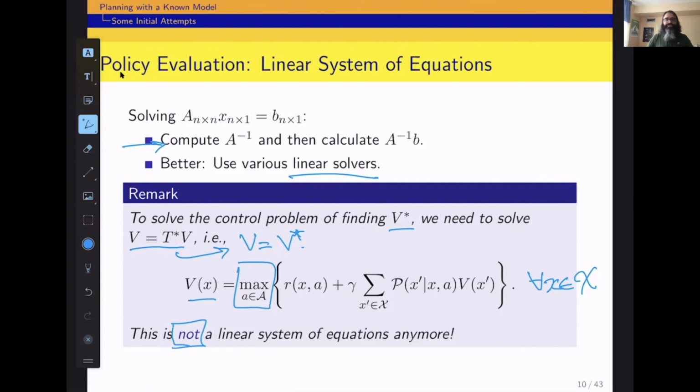For policy evaluation, you can think of it as proposing or inventing methods for solving linear systems of equations that are specialized to MDPs. And for the control problem, there are methods for solving this nonlinear system of equations that benefit from properties of the MDP. Okay, is this clear so far?